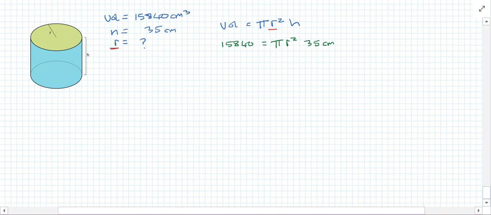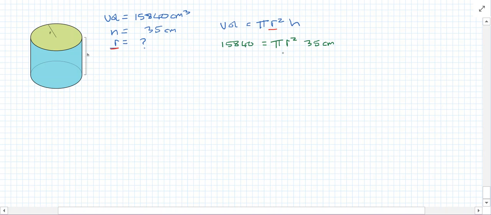So we want to try and get this radius on its own, or r squared on its own. Now what we can see is we have pi and we have 35 either side of it, and these are multiplied. So we want to get rid of those and move them over to this side. In order to do that, we can divide this side by pi times 35, and if we divide this side by pi times 35, we have to do the same on this side because of the equal sign.